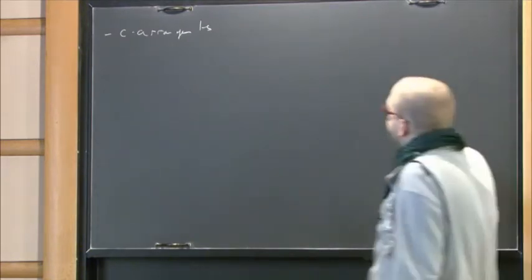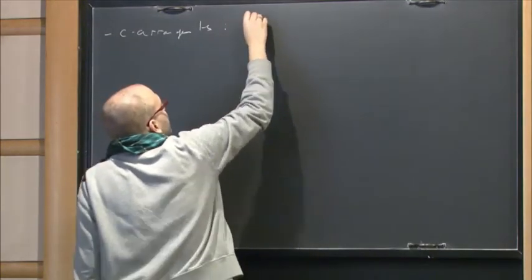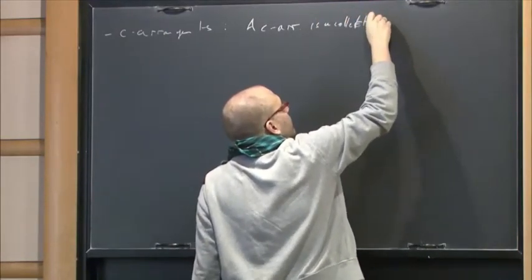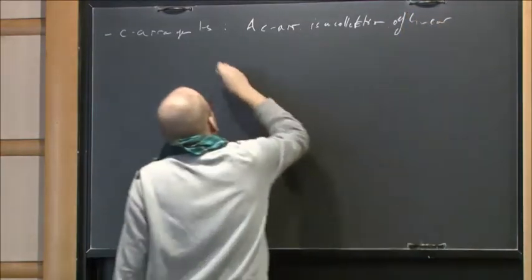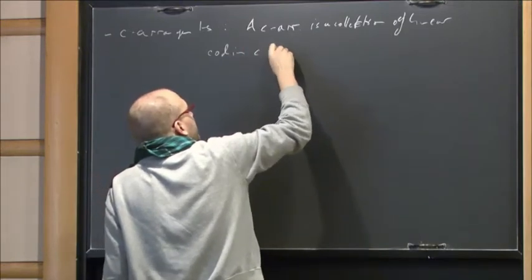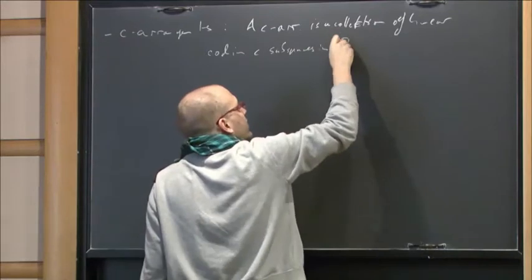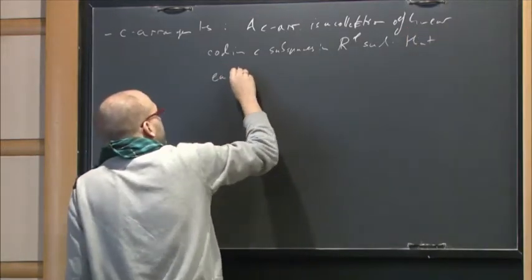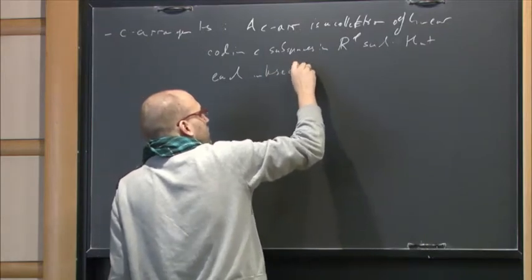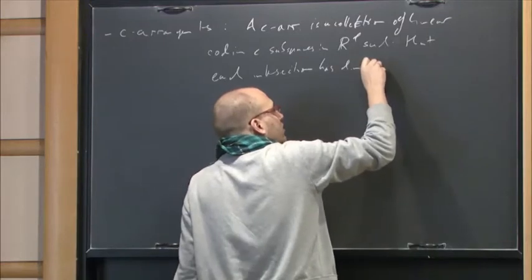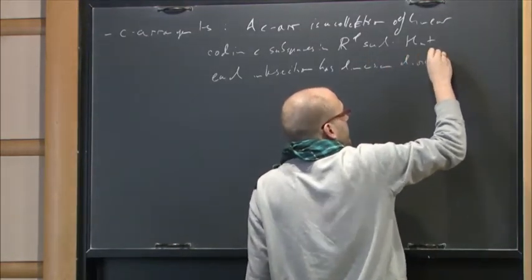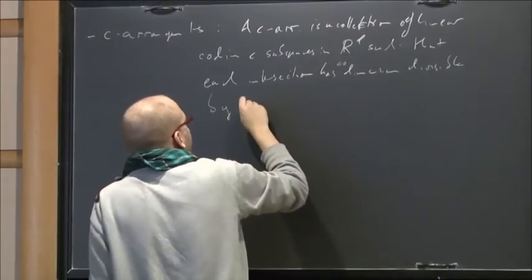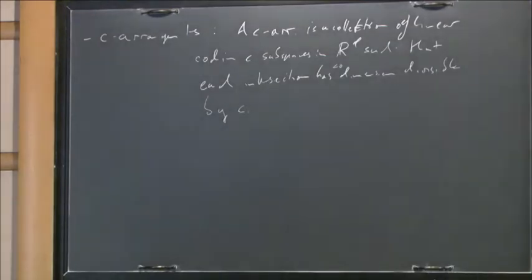So a C arrangement is a collection of linear codimension C subspaces in R^d such that each intersection has codimension divisible by C. It actually doesn't matter, because I took linear.